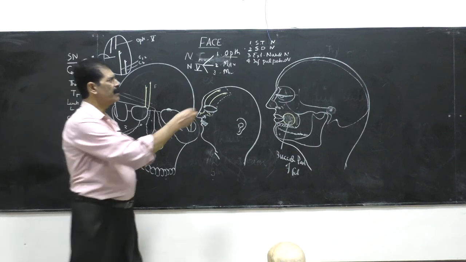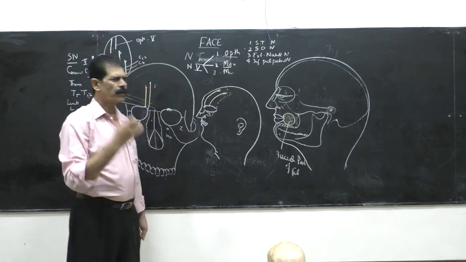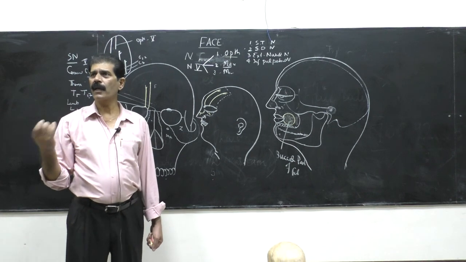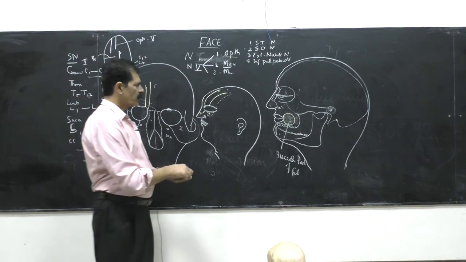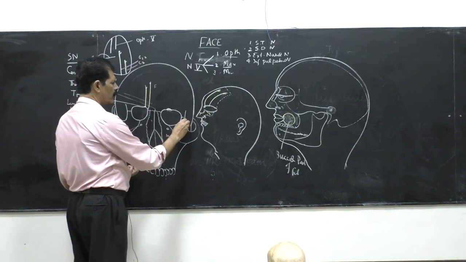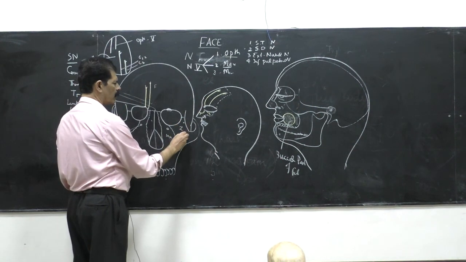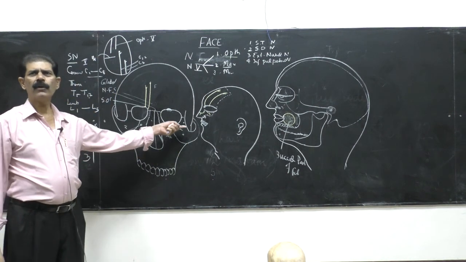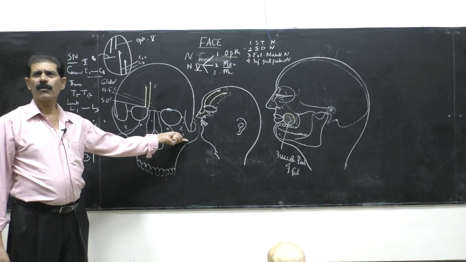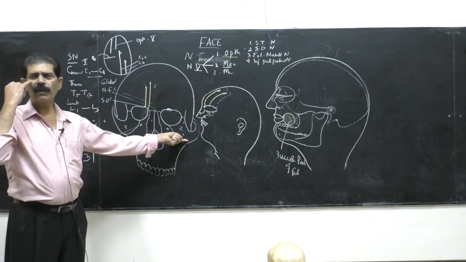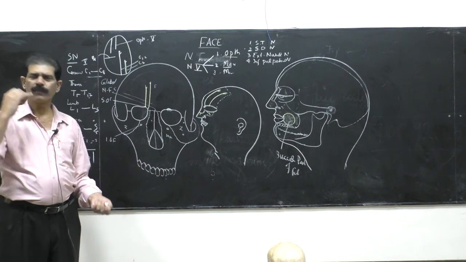Next comes the maxillary division. The skin over the maxilla is supplied by branches from the maxillary division of the trigeminal. Here are 2 small foramina on the zygomatic bone, the bone of the cheek: the zygomaticotemporal foramen and the zygomaticofacial foramen.